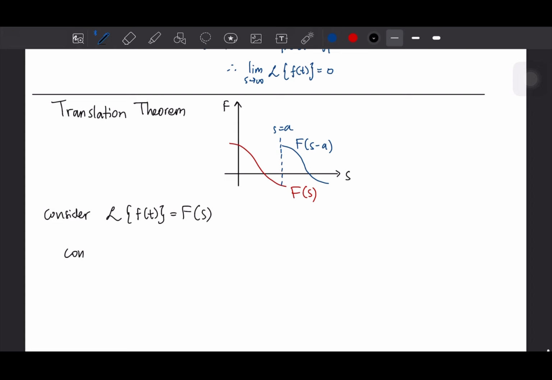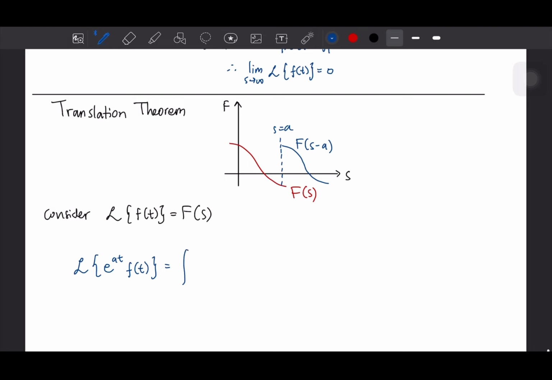Consider taking the multiplication of the exponential with power of at and then multiplying with f of t.